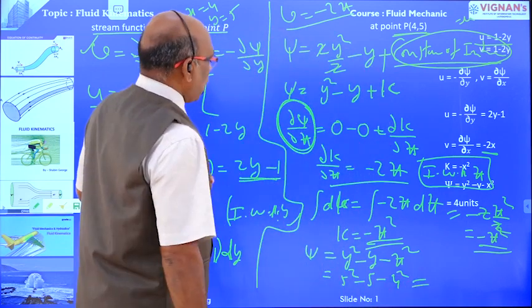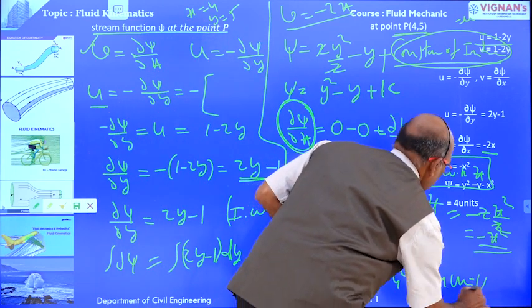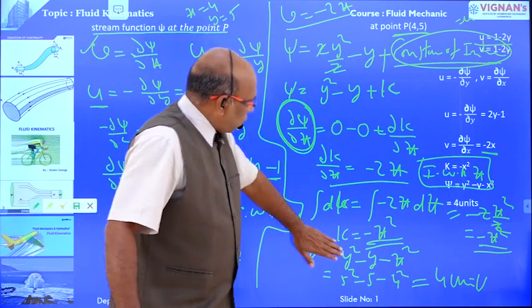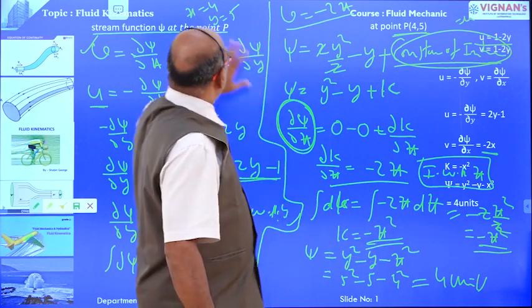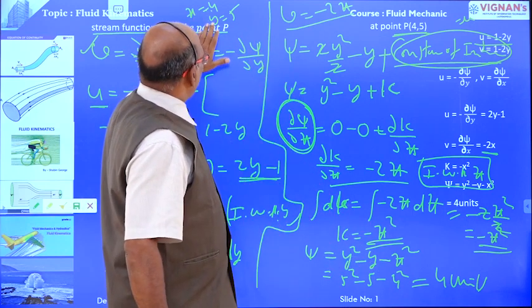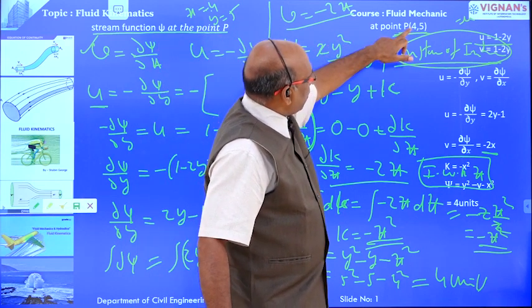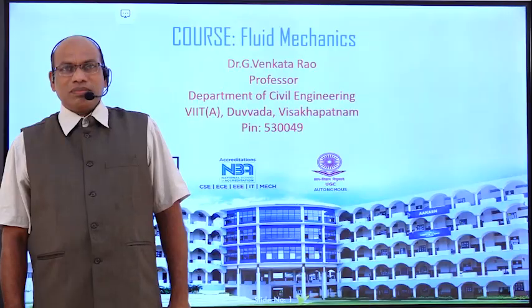Finally, we have the answer, that is equal to 4 units per second. Stream function ψ is equal to y square minus y minus x square. This is the equation. We are going to substitute the value x is equal to 4, y is equal to 5. Finally, we have 4 units.